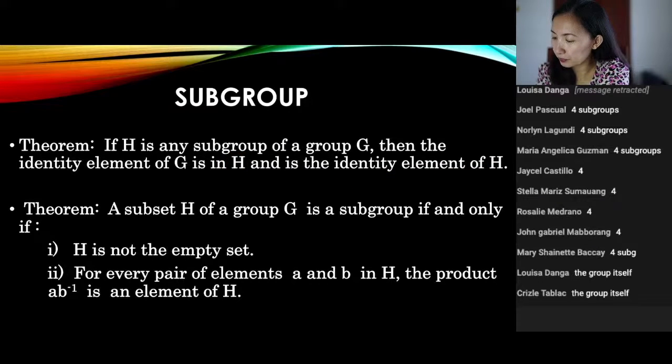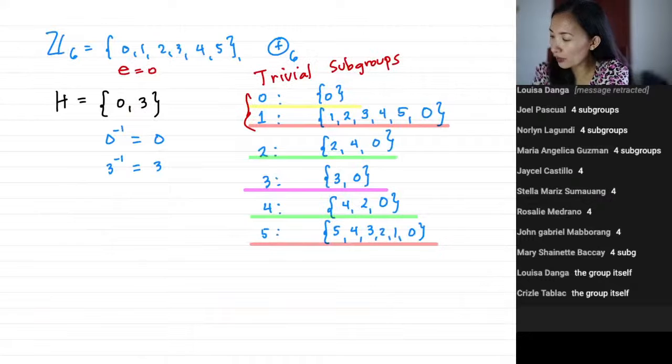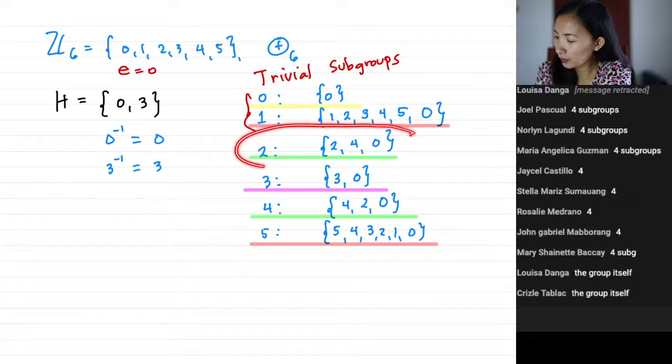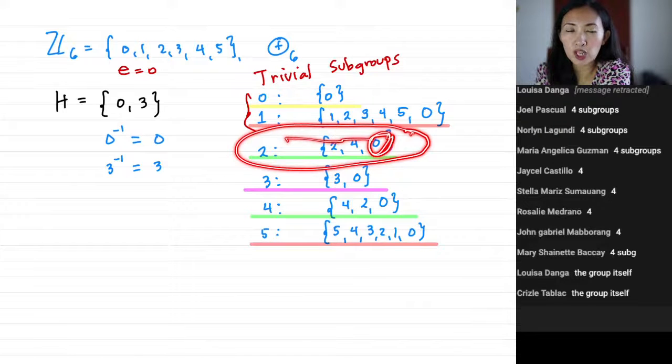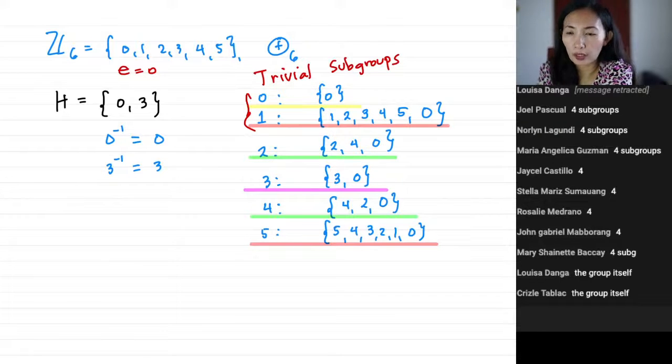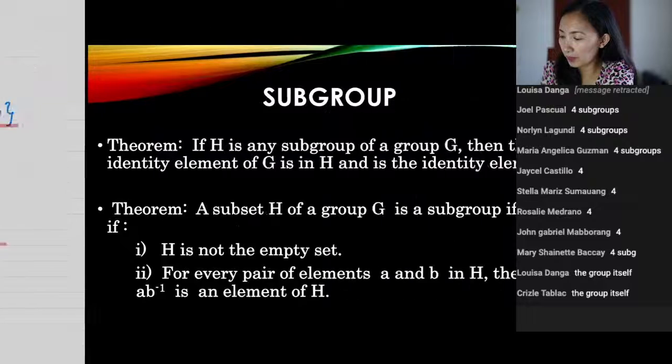True enough, if you go back to this subgroup, 2, 4, 0, the identity element 0 is in the subgroup. And in fact, this is also the identity element of the subgroup generated by 2. So that's theorem number 1.